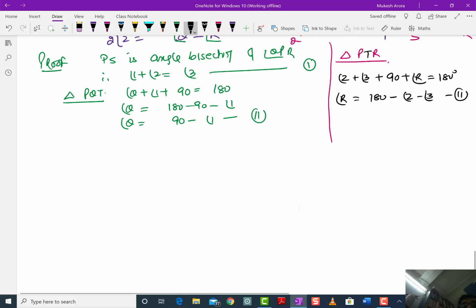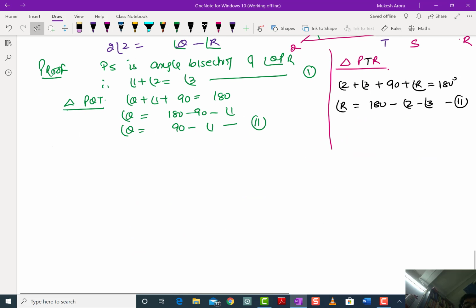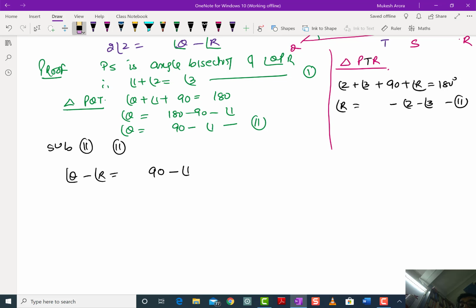Now, as the question asks, we have to subtract 2 and 3. So angle Q minus angle R is equal to 90 minus angle 1 minus 90 plus angle 2 plus angle 3. We need angle 3.